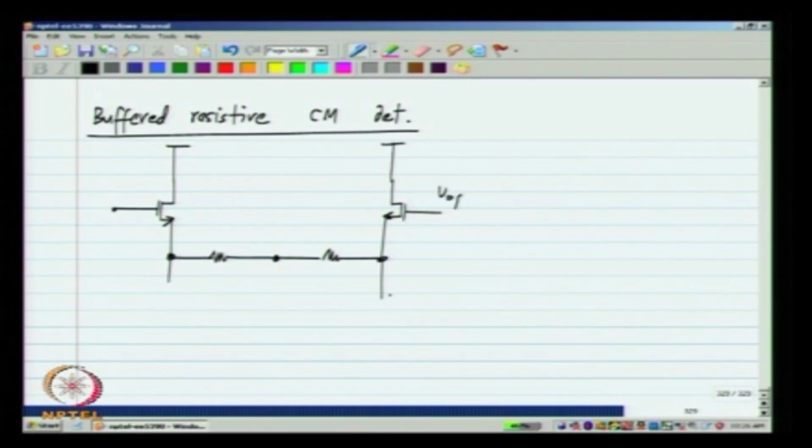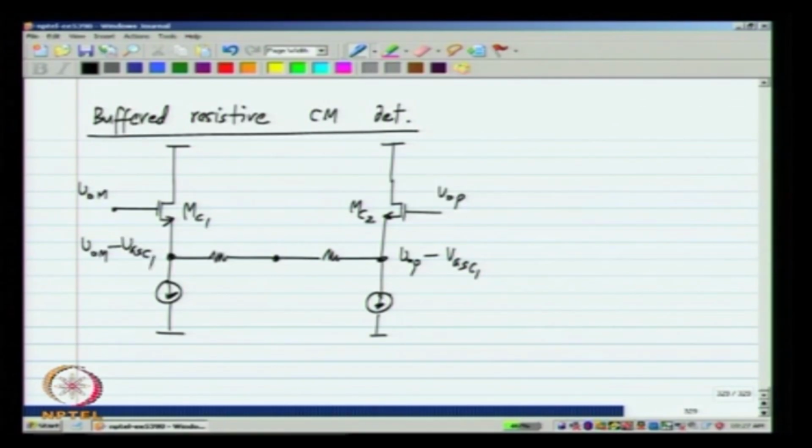So, let us say this is VOP and VOM, and we have two source followers MC1 and MC2. So, this will be some VOP minus some fixed voltage, okay, VGS C1, and this will be VOM minus VGS C1.